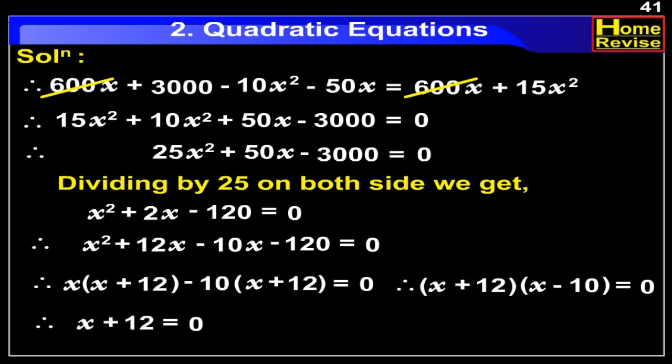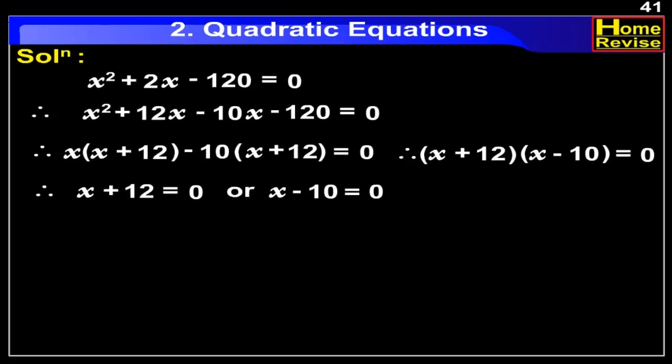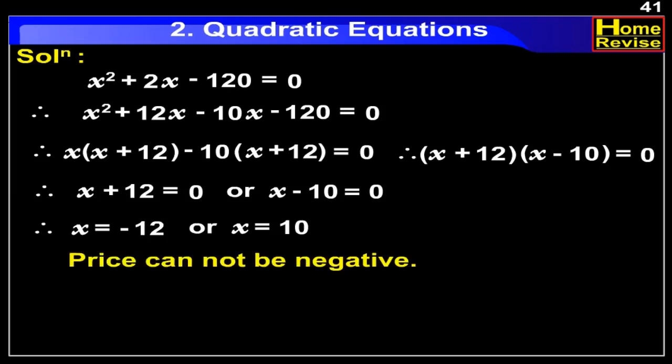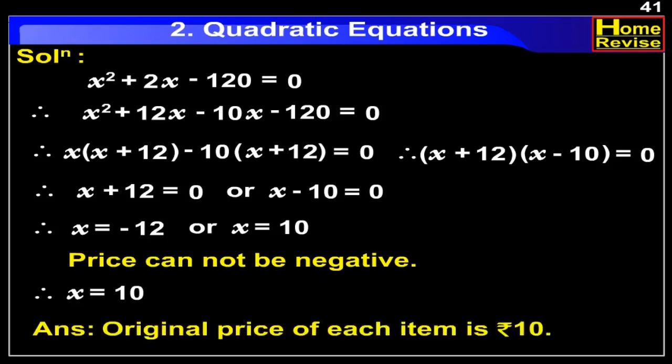Therefore, x plus 12 is equal to 0, or x minus 10 is equal to 0. Therefore, x is equal to minus 12, or x is equal to 10. But x cannot be equal to minus 12, as price cannot be negative. Therefore, x is equal to 10. Thus, the original price of each item is rupees 10.